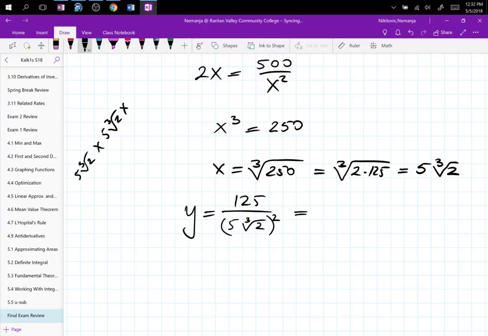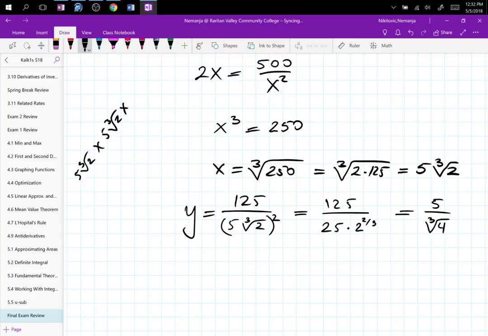When you square this, you get 125 over 25, and then you have times 2 to the 2/3. That's 5 over cube root of 4.